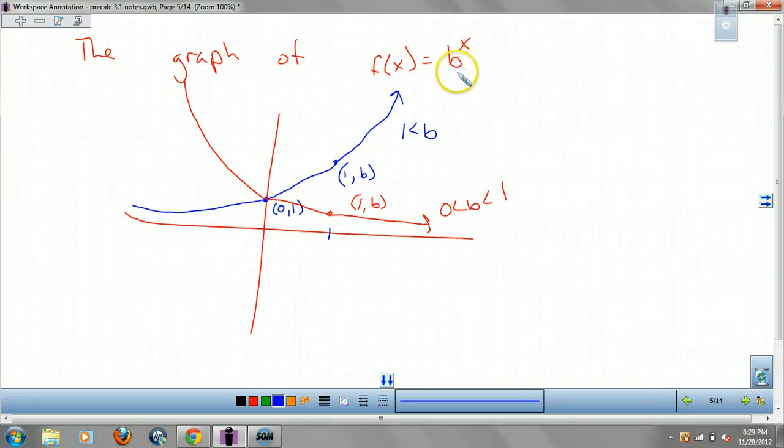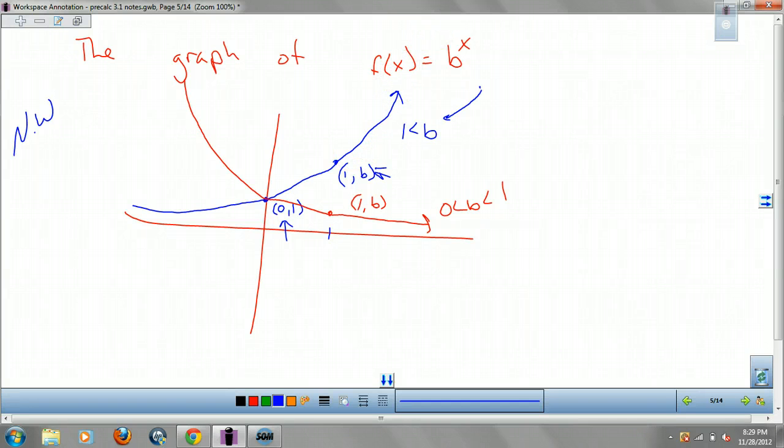Let's look at the graph of b to the x. Run this down so you know what they look like. If b is greater than 1, you pass through the point 0, 1 and the point 1, b, and you keep going up faster and faster and faster.